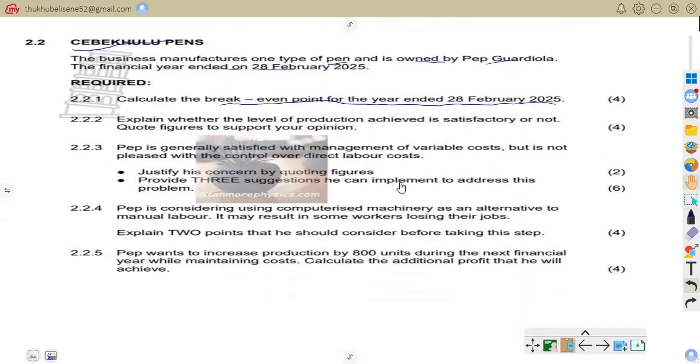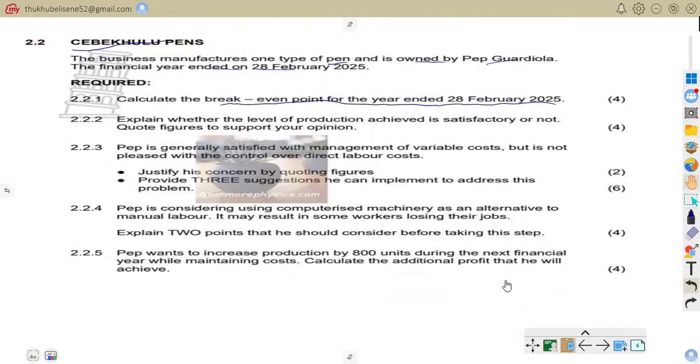So for us to calculate the break-even point, we are going to first look at the total cost. We're going to say total cost divided by selling price per unit minus variable cost.